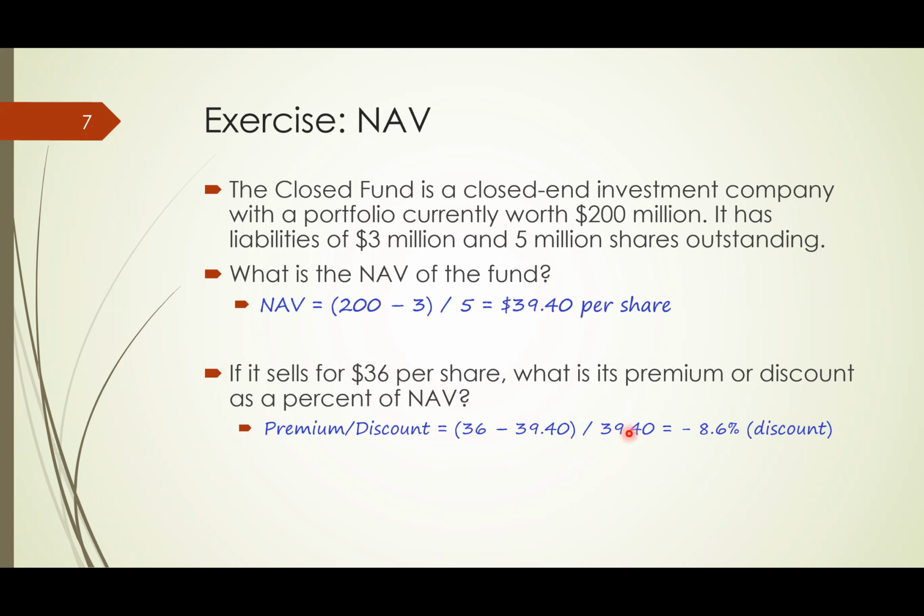As a percentage of the net asset value, 3.40 over 39.40, it's an 8.6% discount. So the negative number here refers to the discount, and 8.6 refers to the size of the discount.